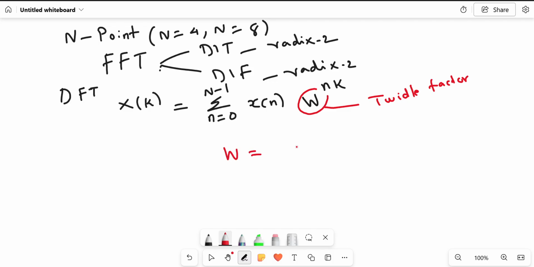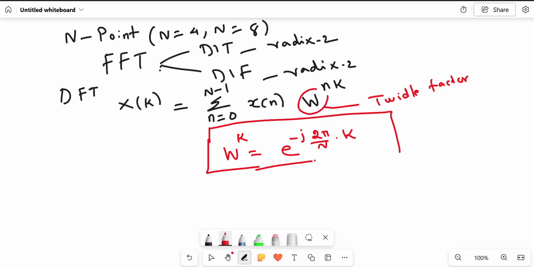W is equal to e power minus j 2 pi by N, so W power k is equal to e power minus j 2 pi by N into k. So the twiddle factor plays a vital role in the computation of FFT.